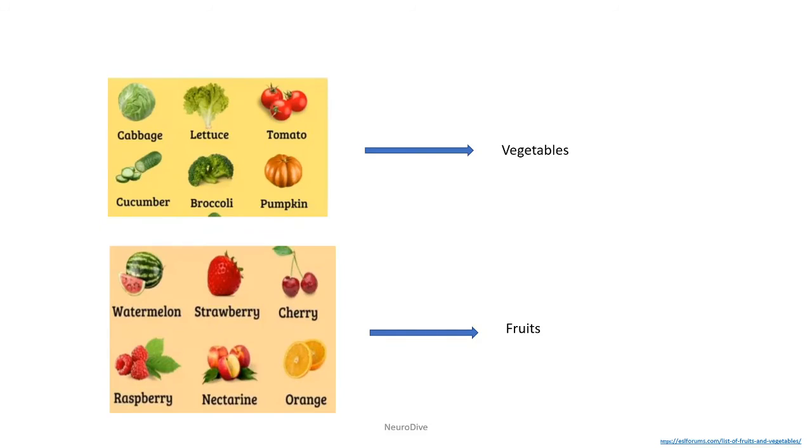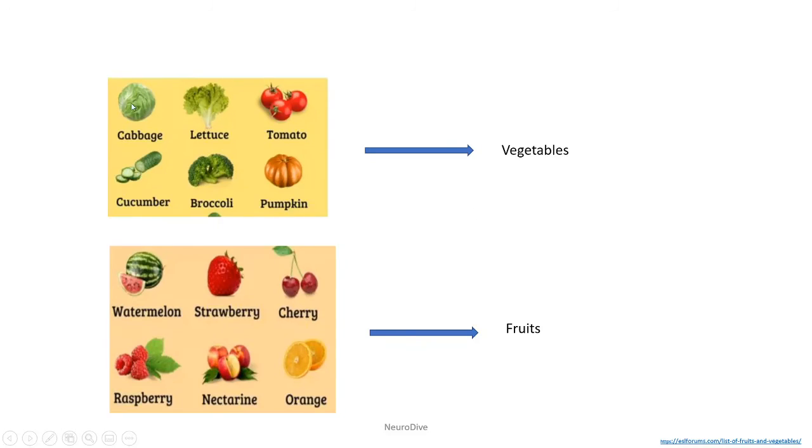We can think of the supervised learning model as a teacher-student scenario where the teacher tells the students the difference between vegetables and fruits and gives them examples that these are vegetables and these are fruits. The next day the teacher takes a test and asks the students about the category of cabbage, whether it's a vegetable or a fruit.